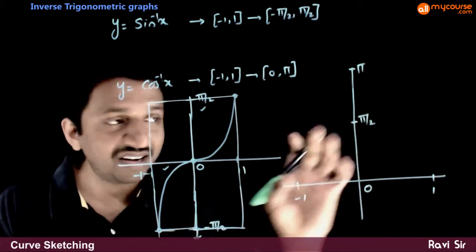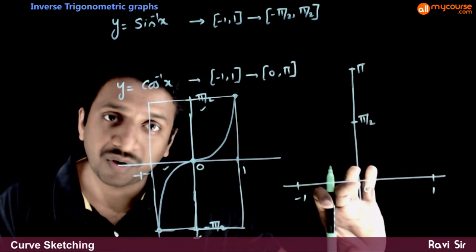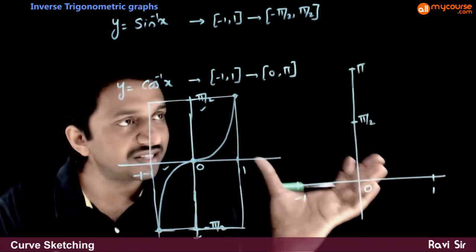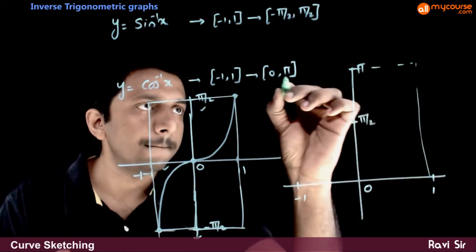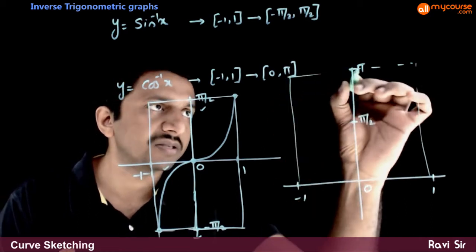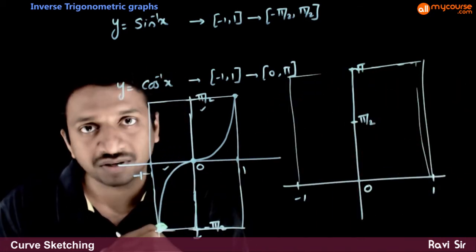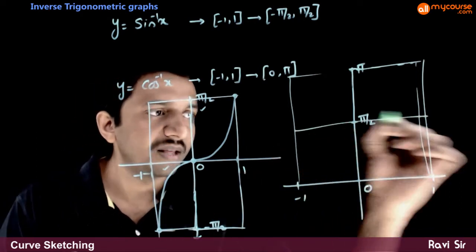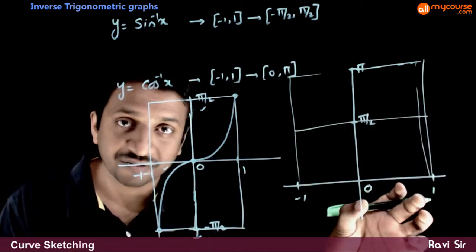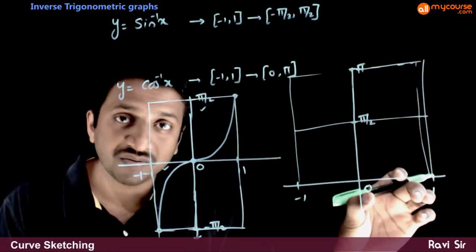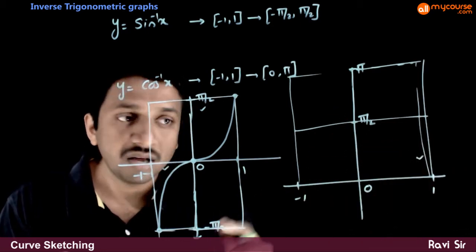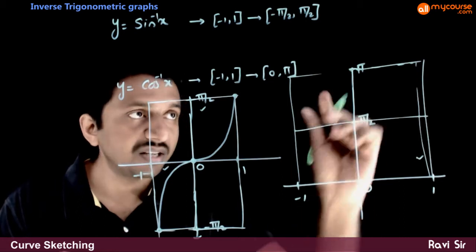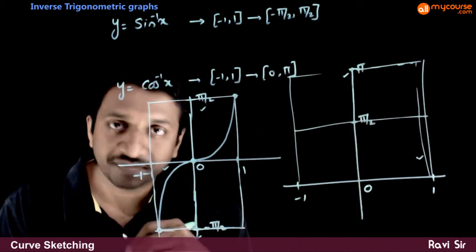This time the range is not going to the negative values, which means the graph completely lies in this box. When x is positive, that is, cos inverse of a positive number gives you angles in the first quadrant. Cos inverse of negative numbers gives you angles in the second quadrant.